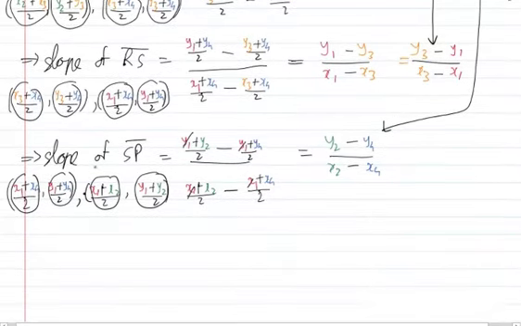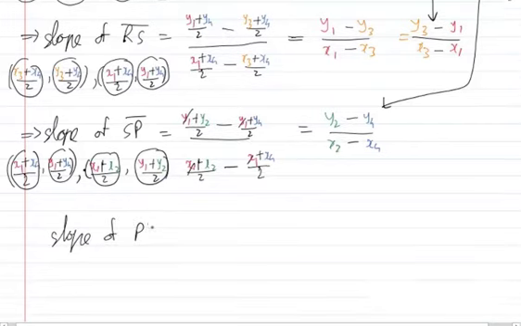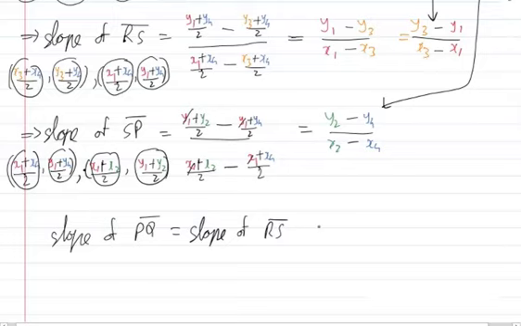So ultimately we get slope of PQ equal to slope of RS, and slope of QR is equal to slope of PS, right?